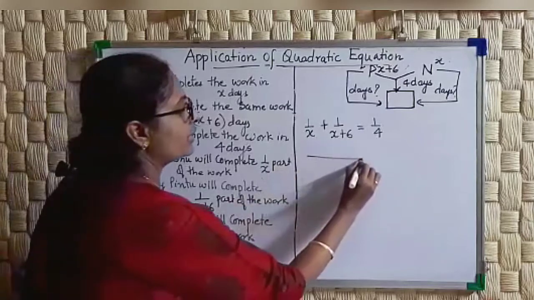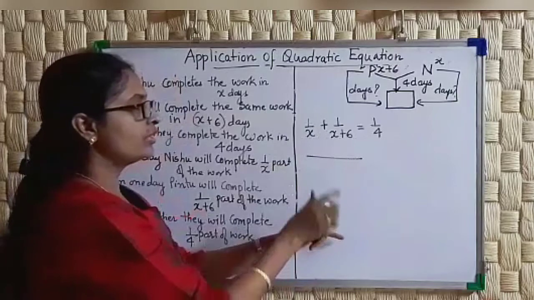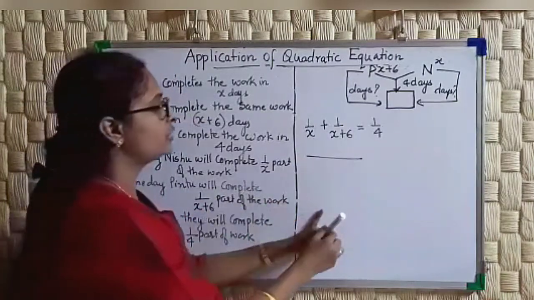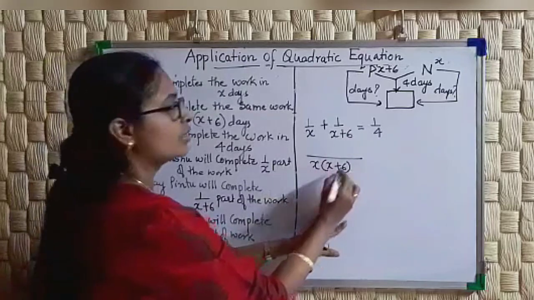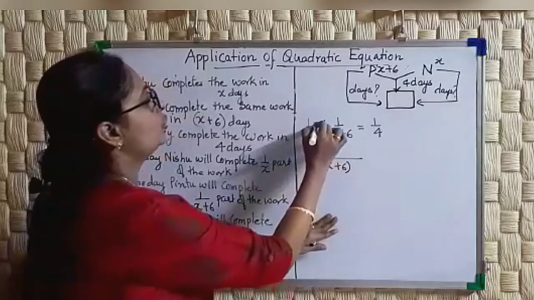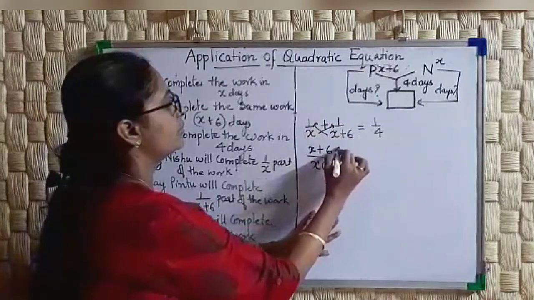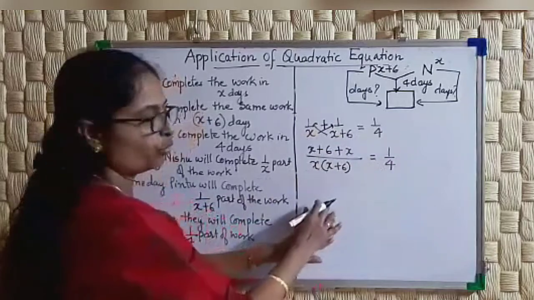To add two rational numbers, we have to find the LCM of the denominators. Since there is no common factor between the two denominators, we just multiply the denominators, and in the numerator, you will get x plus 6 plus x. This will be equal to 1 upon 4.